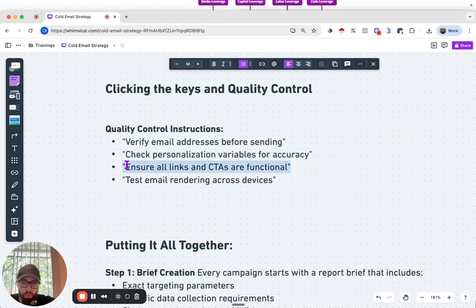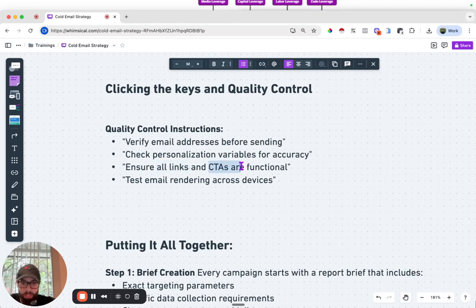From there, one thing that you want to do is make sure that if you are sending a link in the replies, typically if you're sending a brief to a GTM engineer or the person that will actually be clicking the keys to pull the lead list, to enrich the data for your variables, and to ultimately copywrite and then plug the emails into your email sequencer, you want to make sure that if you are sending any type of links, which I don't recommend, that they are valid and you're not missing one character, which will throw off the entire thing.